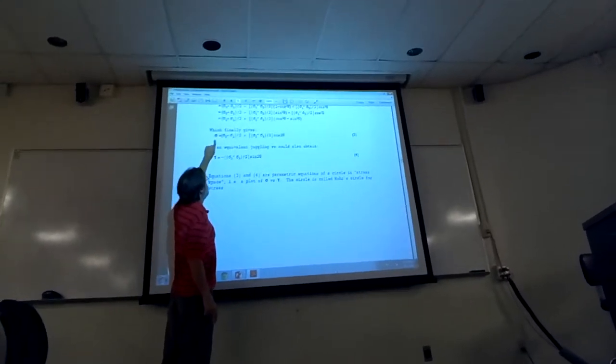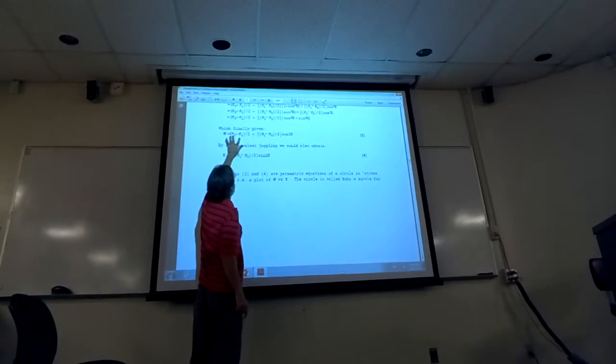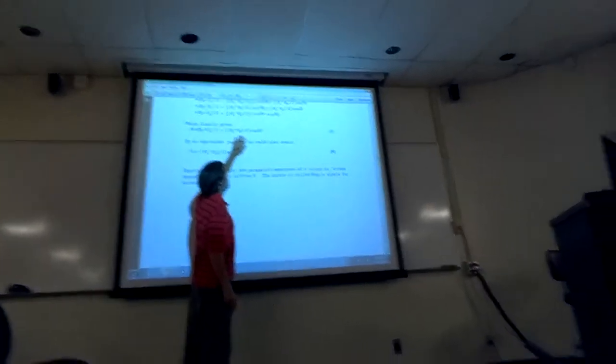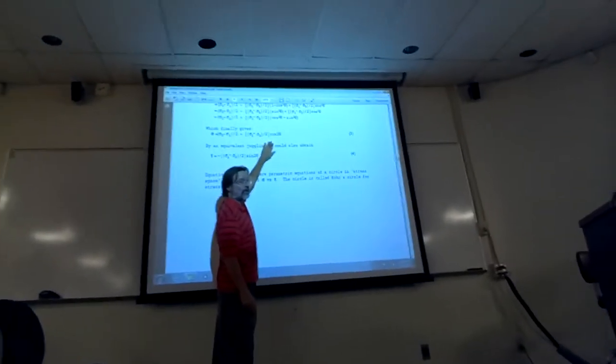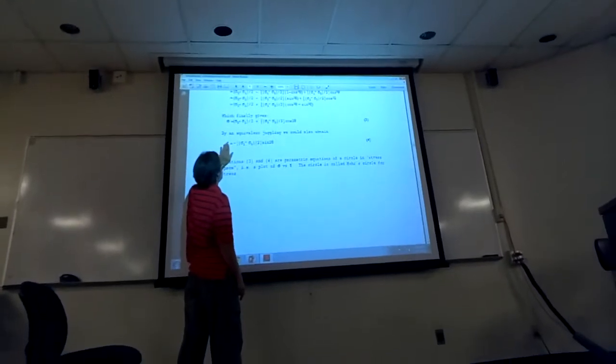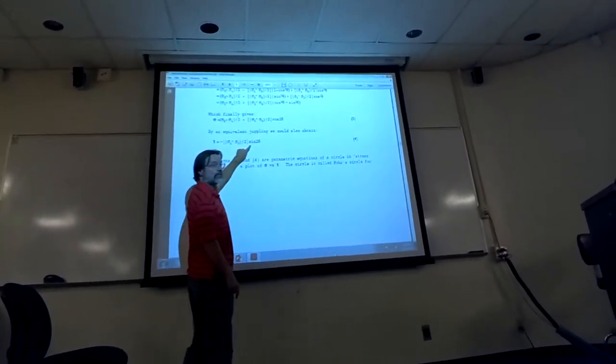So sigma equals sigma 1 plus sigma 3 over 2, plus sigma 1 minus sigma 3 over 2 times cosine 2 theta. And tau doesn't have that extra term, but it has sigma 1 minus sigma 3 over 2 times sine 2 theta.